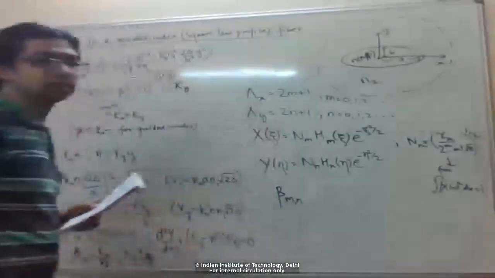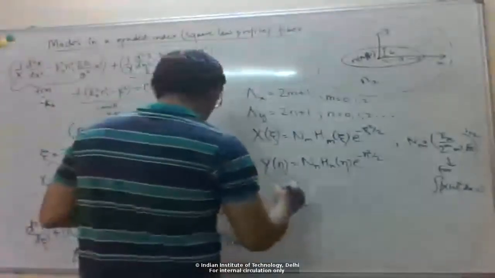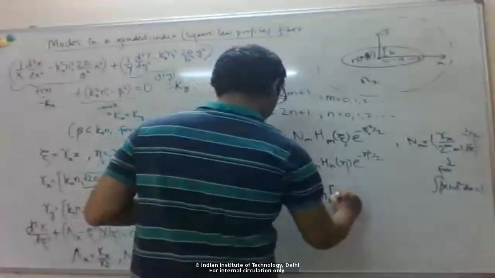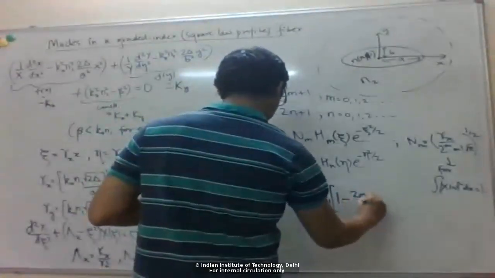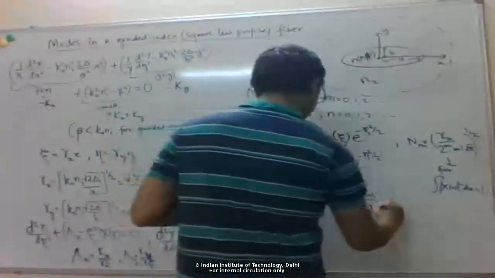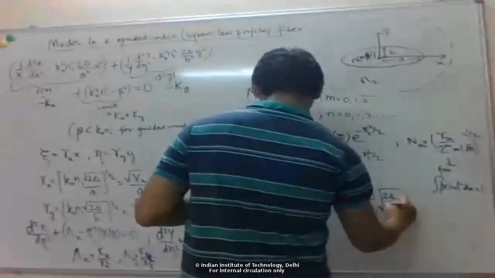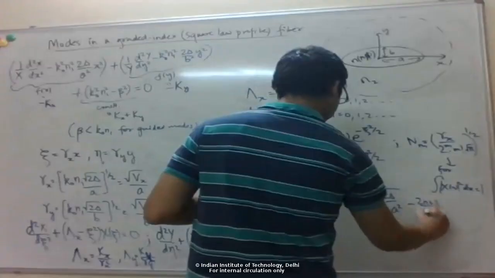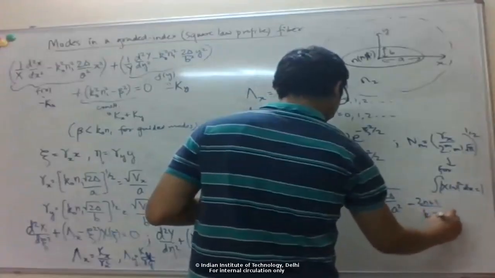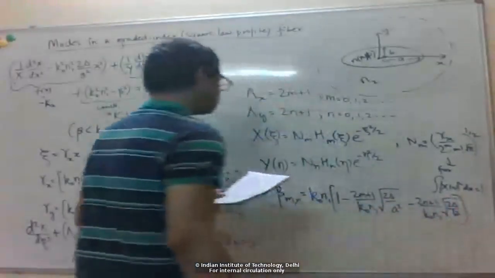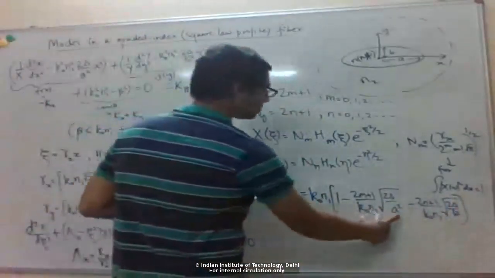So again, we have two indices here, right? Because it's a 2D structure again. So we'll get the same expression that we had for the slab, except we have two of those, right, for each dimension. Okay, so for the slab we just had this, so now we have another one.